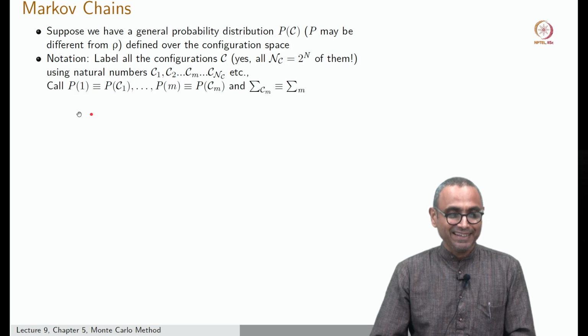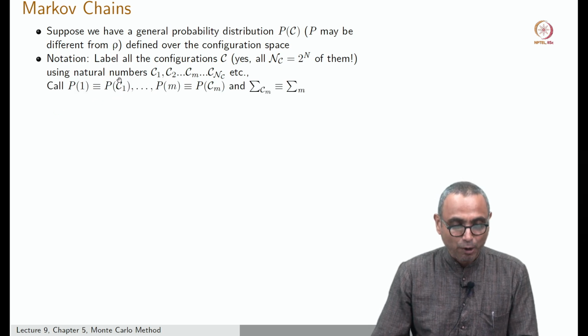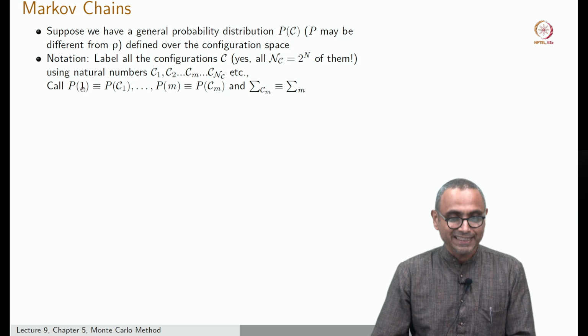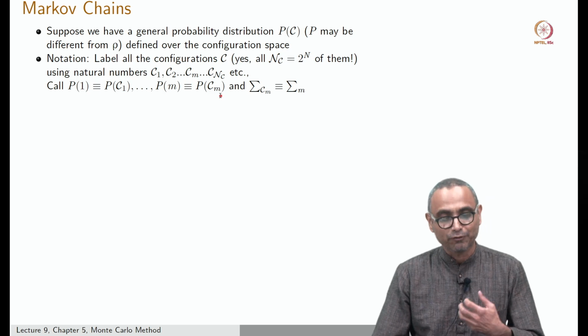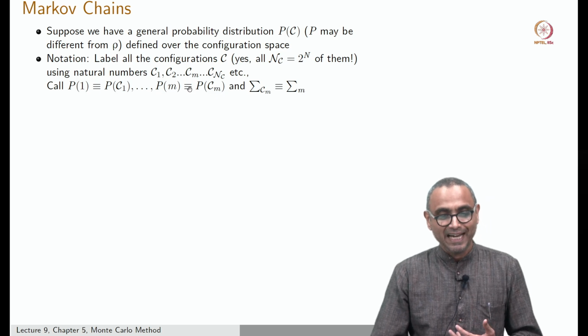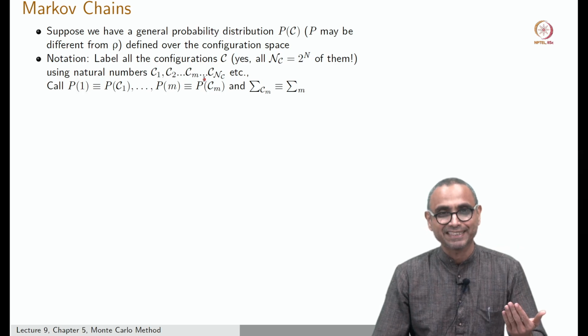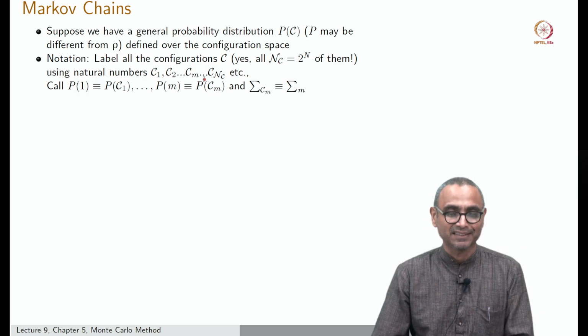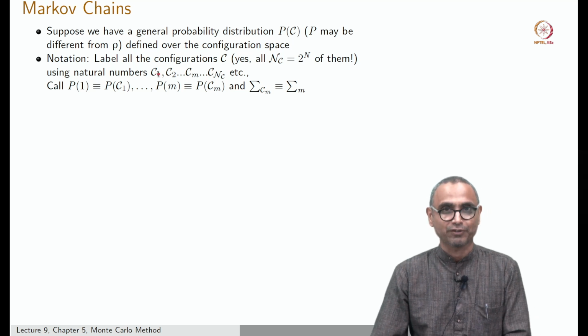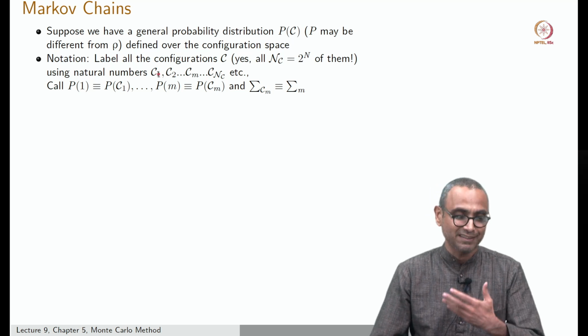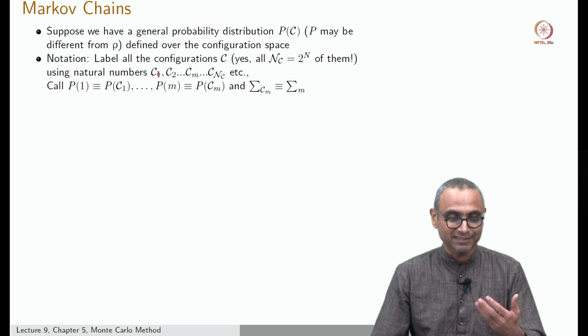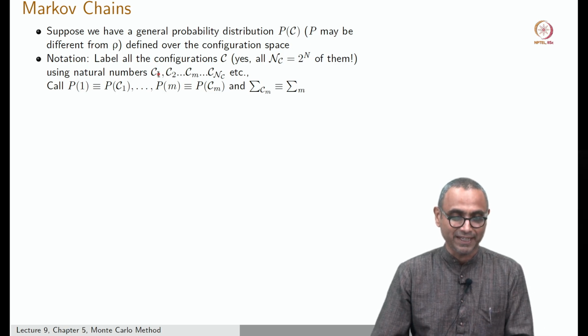We will say that the probability of configuration C1 is P1 and the probability of configuration Cm is Pm and so on, and we will simply use 1, 2, 3 to talk about the configurations themselves and just drop the script C notation for the configuration. This will simplify our equations, at least the appearance, it will not be very heavy on your eyes.